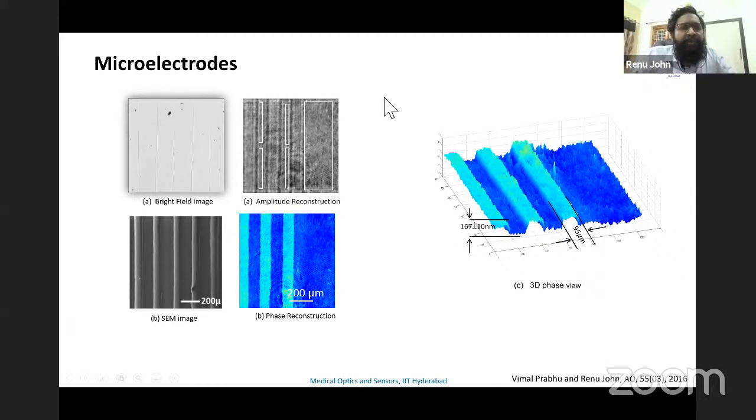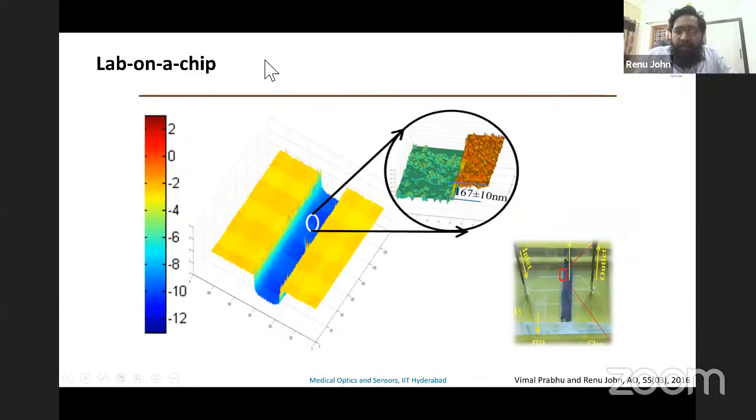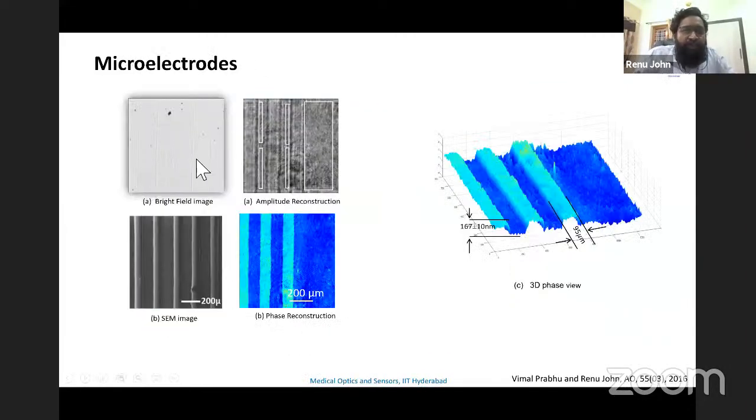We went a little further to see what the limits are that we can reach. On the left top corner, you can see small electrodes of nanometric thickness. Typically these are under 200 nanometers, and we could look at these electrodes, which are fairly transparent.